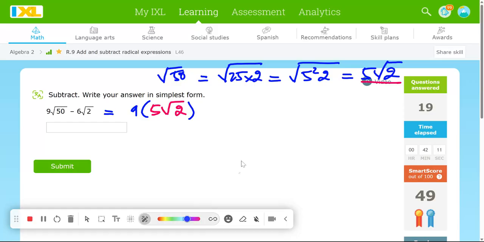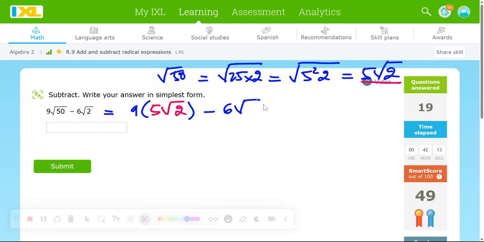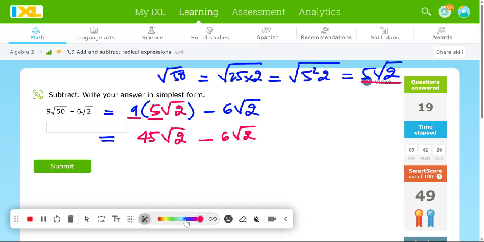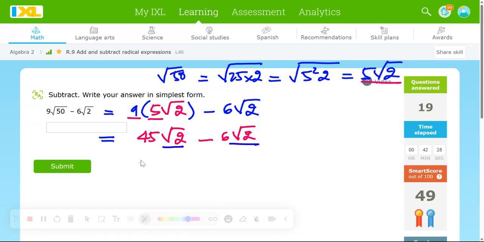Okay? In the back, I got subtract 6 square root of 2. Alright, now I multiply the outside part. 9 times 5 is 45. 45 square root of 2, subtract 6 square root of 2. Okay. So square root of 2, square root of 2, you can factor it out. Okay. So now we have 45, which is right here, and then negative 6.